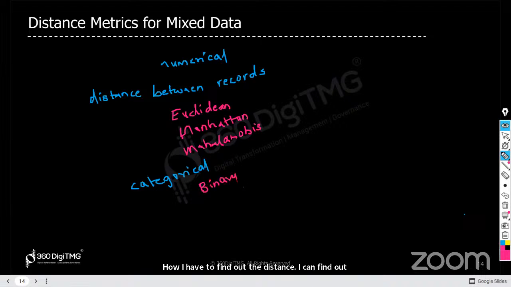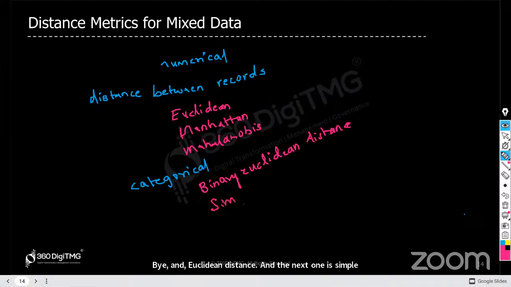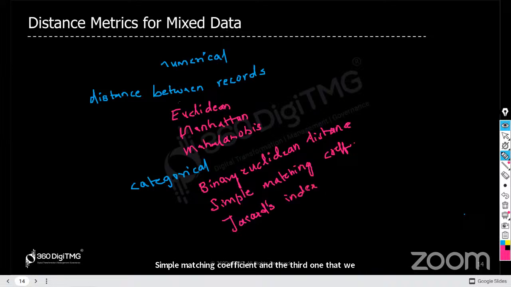One is binary Euclidean distance, the next one is simple matching coefficient, and the third one that we have is Jaccard's index. This is how we can calculate the distance when we have numerical as well as categorical, that is nothing but binary data. If we are having mixed data, we will see what to do.